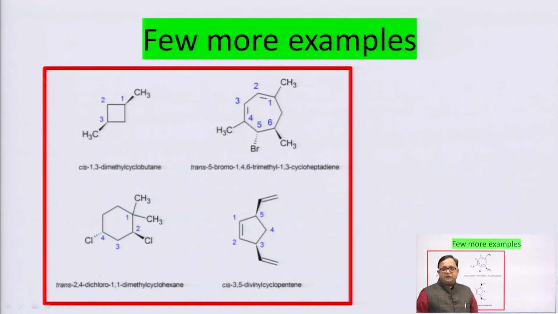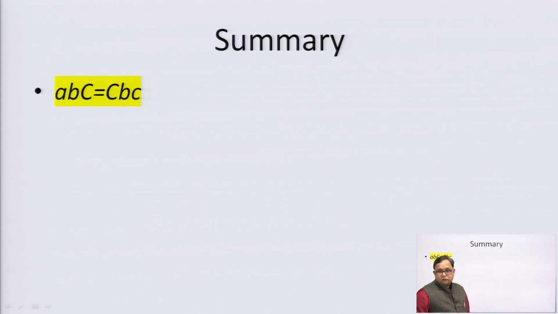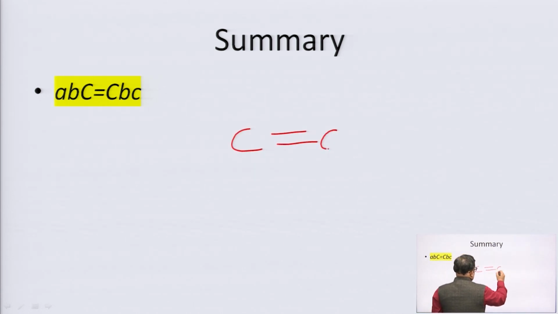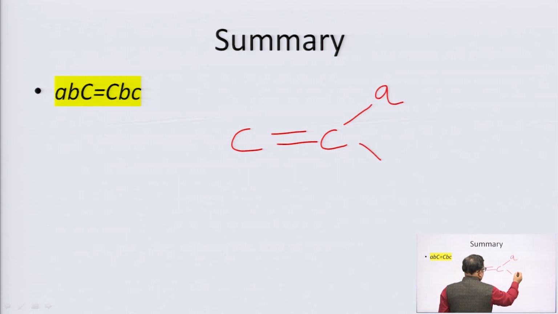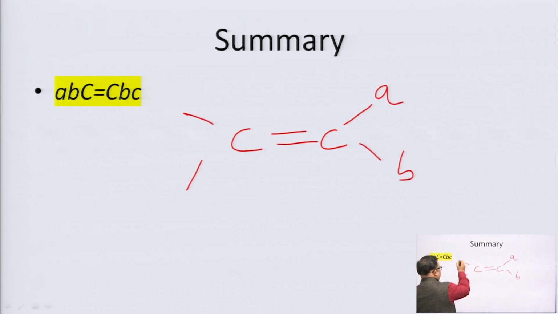There are a few more examples representing geometrical isomerism in cyclic compounds: 1,3-dimethyl cyclobutane, 1,4,6-trimethyl cyclopentadiene, dimethyl cyclohexane, 3,5-divinyl cyclopentene. So, we must have this type of structure to exhibit geometrical isomerism.